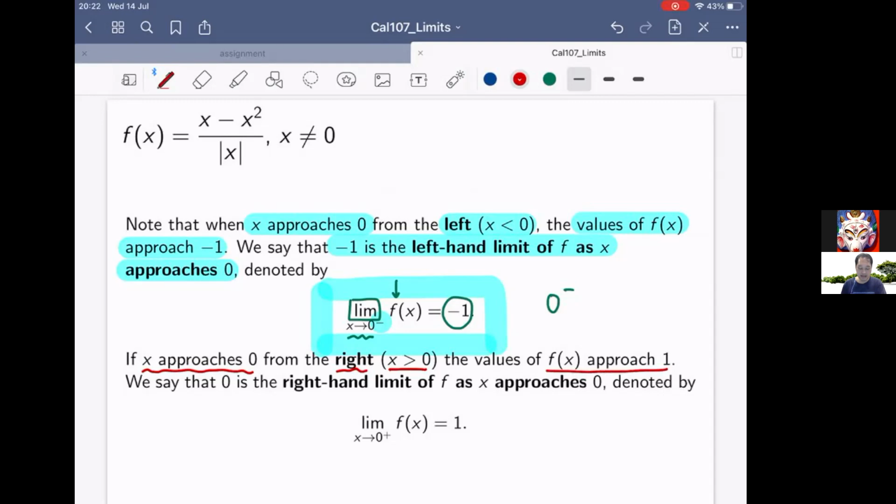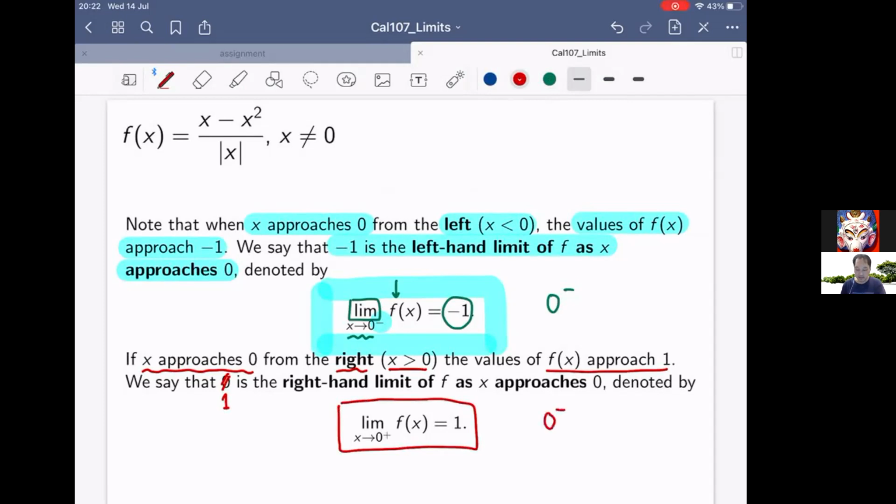So here we are saying that, this is the typo, we say that 1 is the right hand limit of a function f as your x approaches 0, and we are going to write it as limit of f of x as x goes to 0 positive.